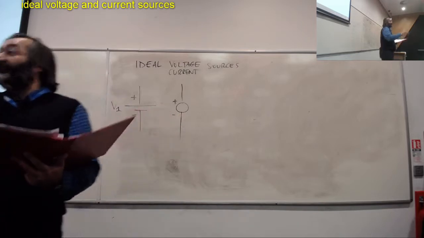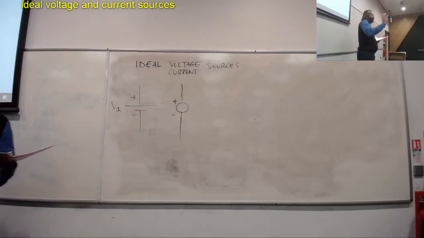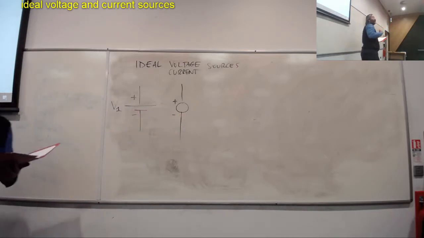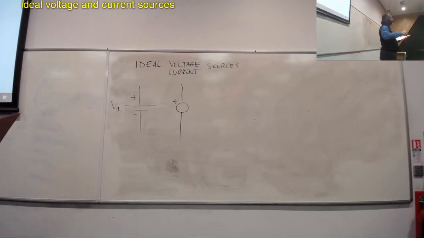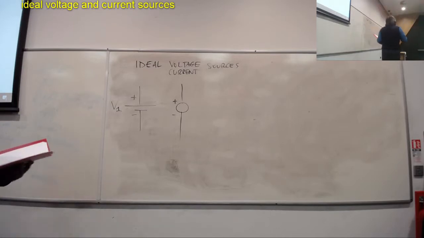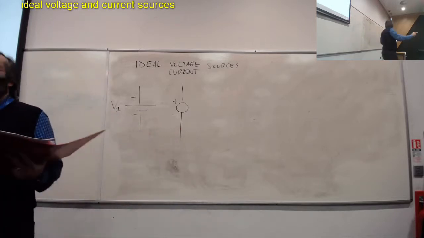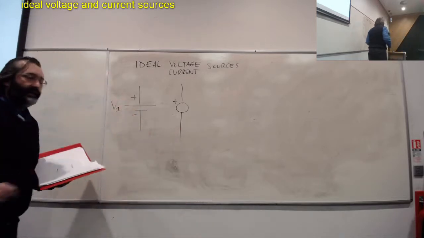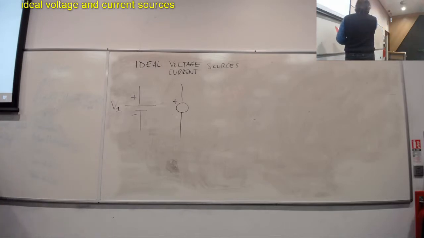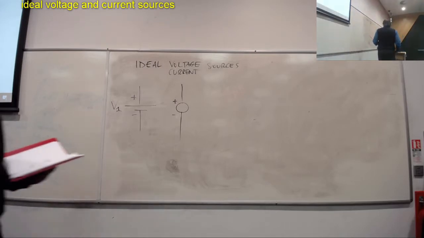This effectively means that instead of using Maxwell's equations, we will use current and voltage. That was the key of that assumption: from now on, we will use only current and voltage. And so that's why it is important to define our sources here.